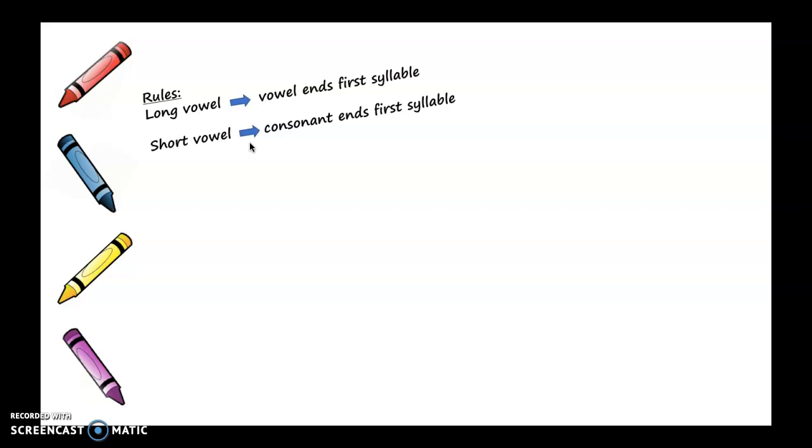Let's practice a little bit. All right, I have two words, pilot and lemon. Okay, let's listen to how I say the word pilot. Pilot. Do you hear what I hear in that word?